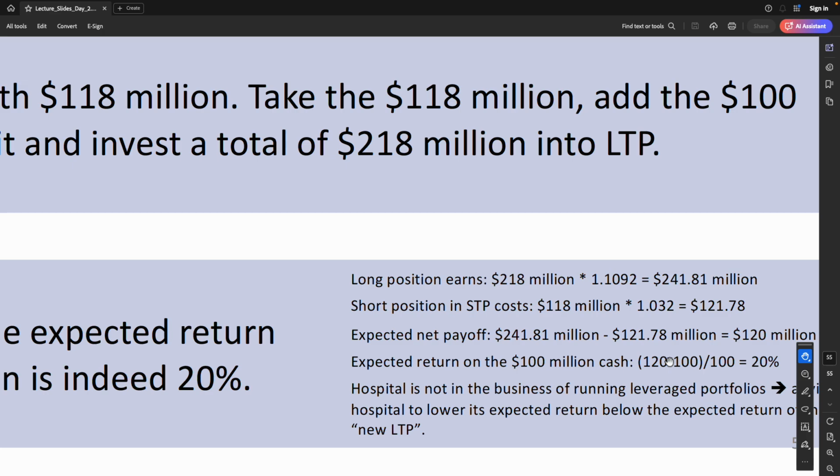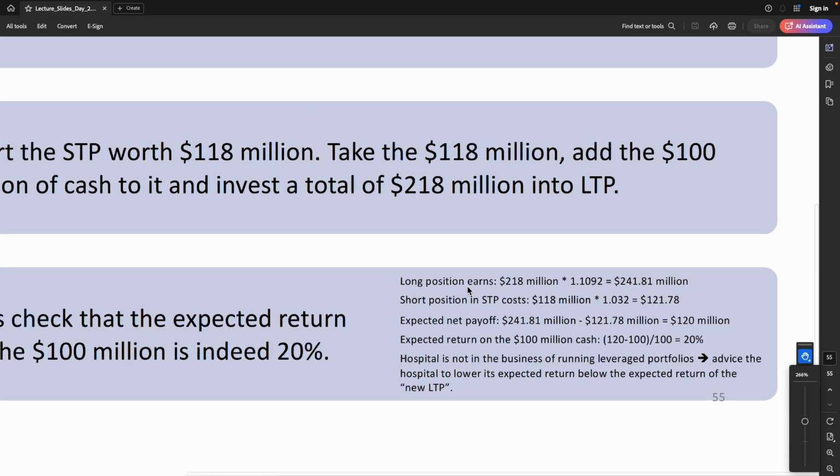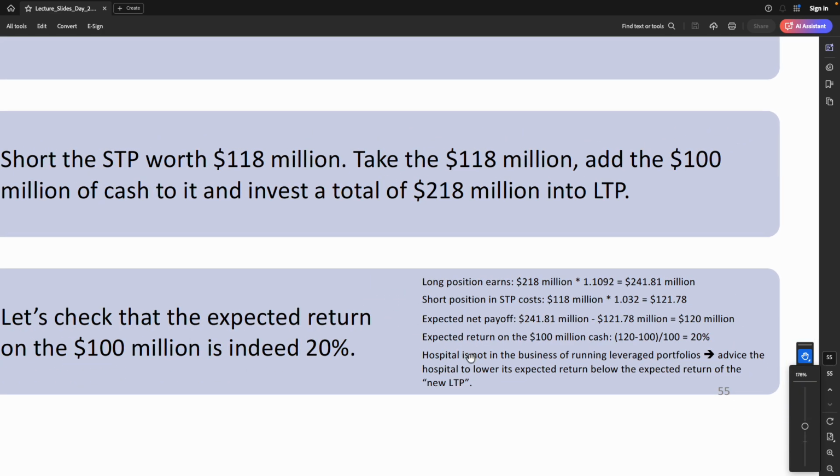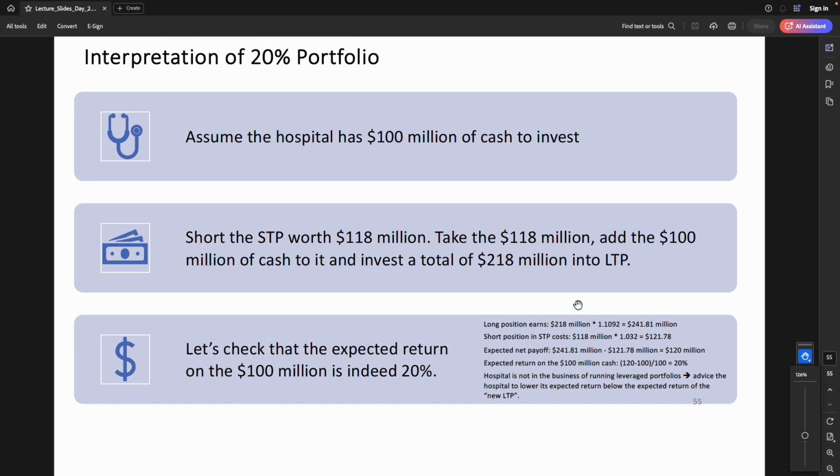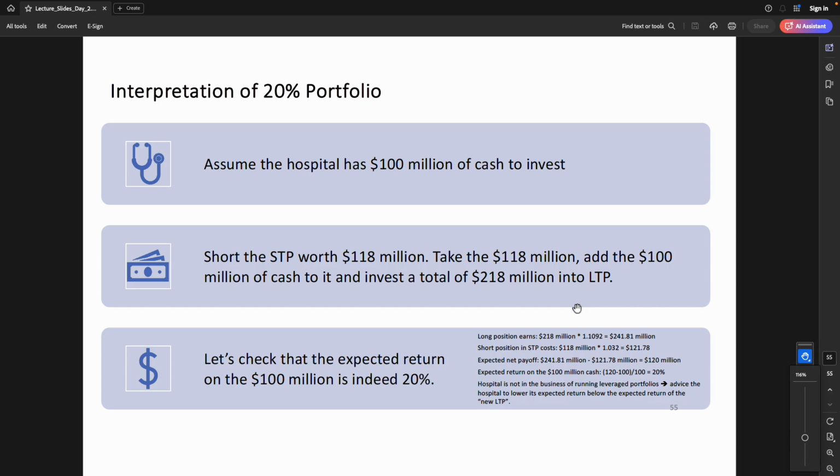So we can really make 20% on it in expectation, but it requires us to take a big short position in the short-term fund. And there's the punchline: the hospital is not in the business of running these leveraged portfolios, so the advice would be to lower the target return, since the market environment currently is not offering such opportunities.